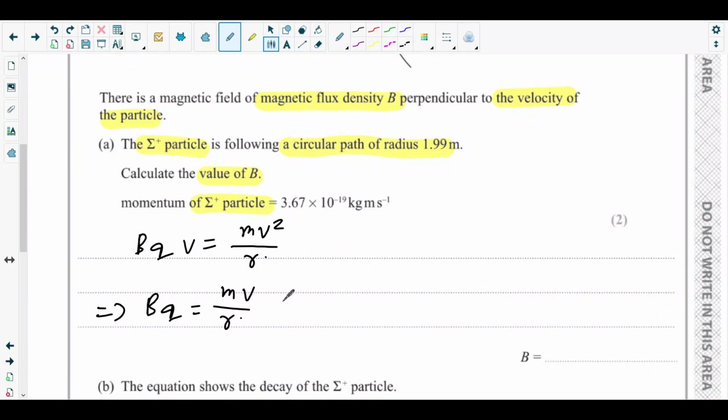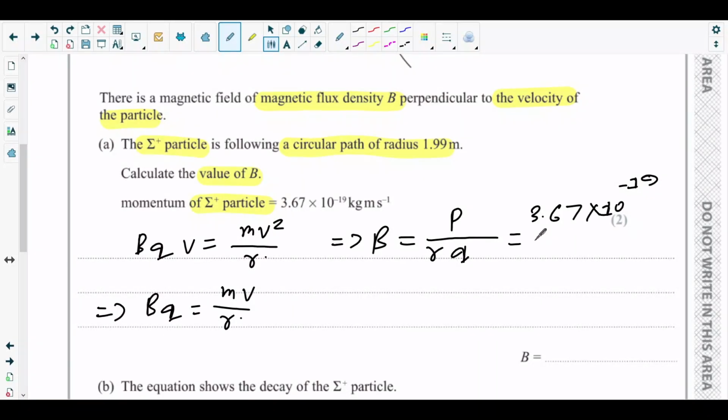So we need the value for B. So B would be mv, that is the momentum p, over r times q. So what's the momentum here? The momentum is given as 3.67 times 10 to the power minus 19, and the radius of curvature is given as 1.99 meter.